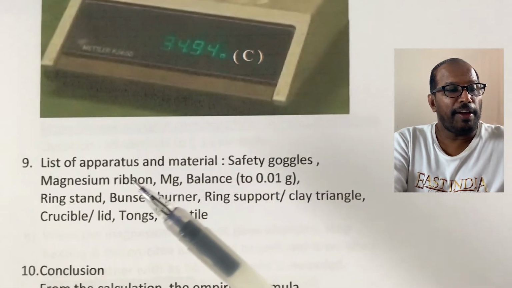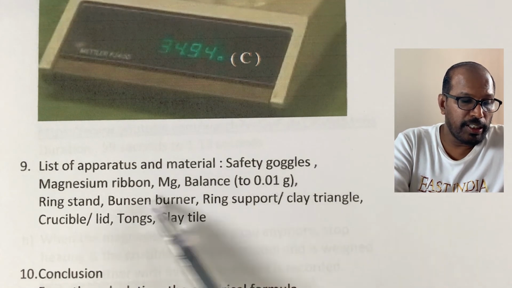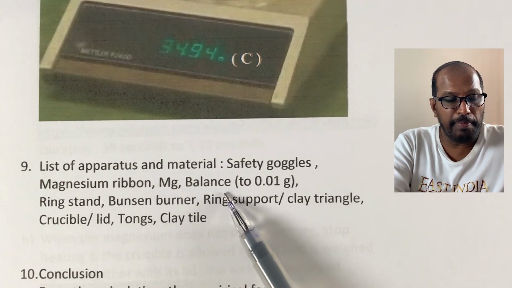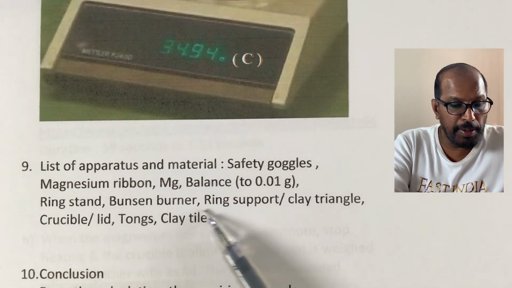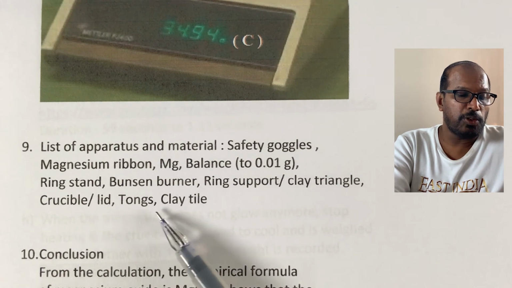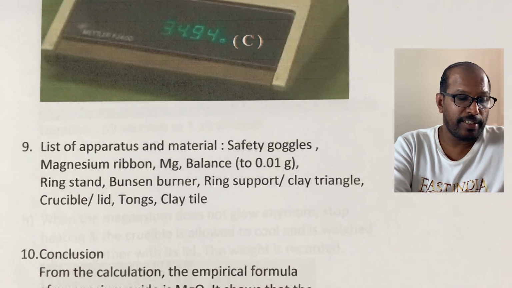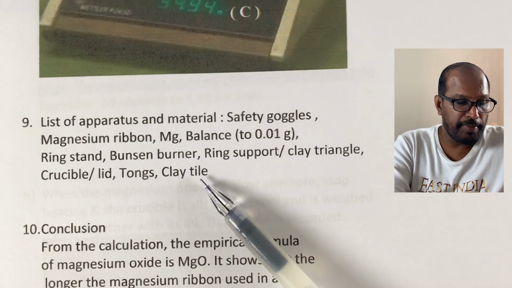Then the list of apparatus that we need in this experiment is safety goggles, magnesium ribbon, balance, ring stand, Bunsen burner, ring clamp or clay triangle, crucible lid, tongs, and clay tiles. The clay tile is put below the Bunsen burner.